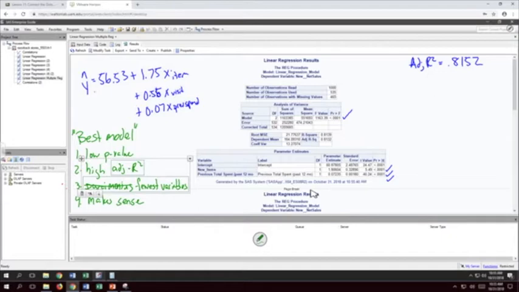So now, the question is, what has changed? We still have a significant overall model. We still have two significant variables. So we took out visits.